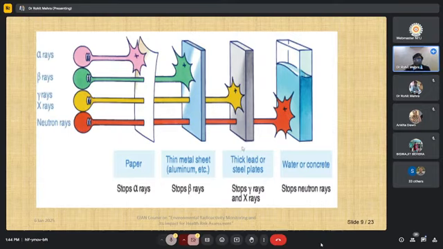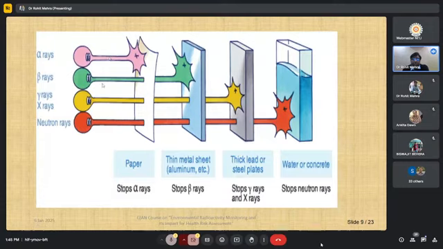Now in the third case, if you see this cursor, the same 2 MeV energy is released partly on the thin sheet of paper, partly on the thin metal sheet, and the final remaining energy is released on the thick lead or steel plates.